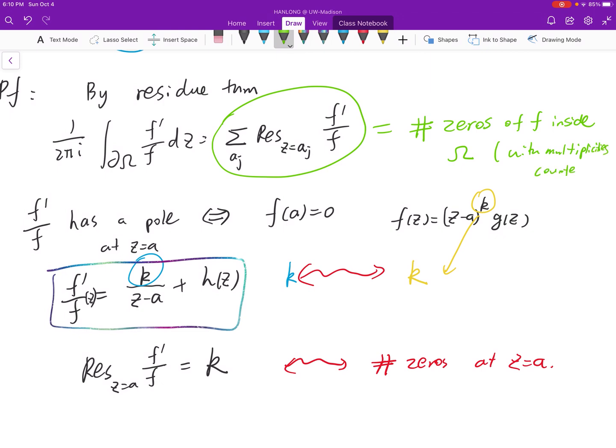This means that if f is (z minus a) to the k's power times some holomorphic function which is non-vanishing at the point a, then you have k zeros at the point a.